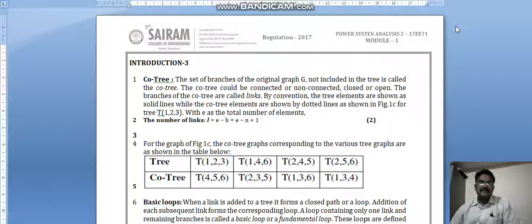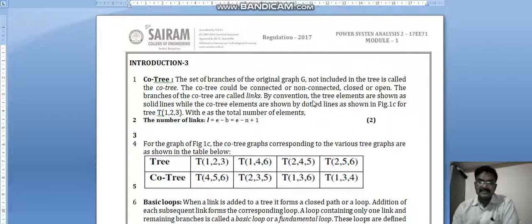Co-tree: the set of branches of the original graph G not included in the tree is called the co-tree. The co-tree could be connected or not connected, closed or open. The branches of the co-tree are called links.